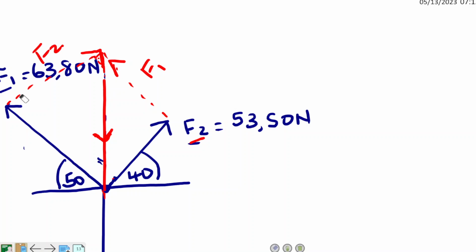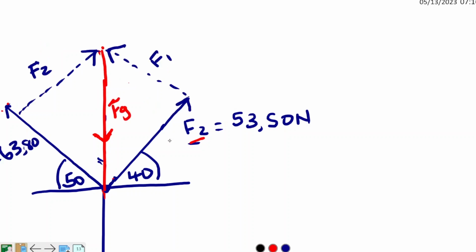They are still the same direction. So this is F2 this side. Then you have F1 that side. So this forms a parallelogram.